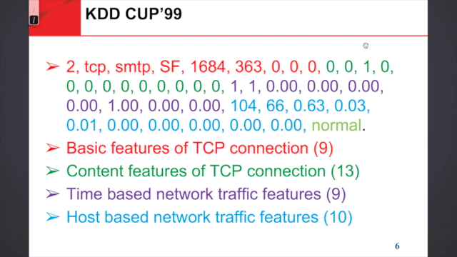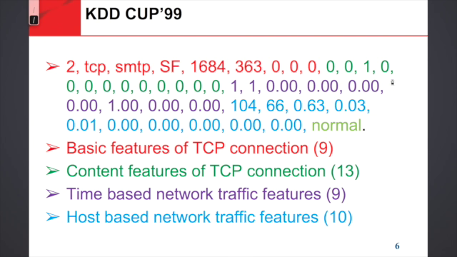Let's take a glimpse of a record. We can divide all the 42 features into 4 categories. The red ones are the most basic features of a TCP connection, like whether it's TCP or UDP, its protocol, and the destination.